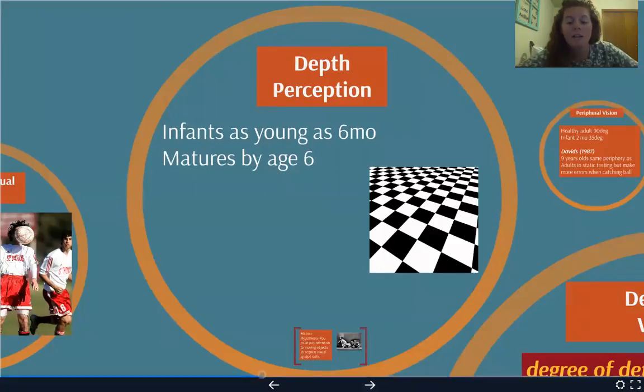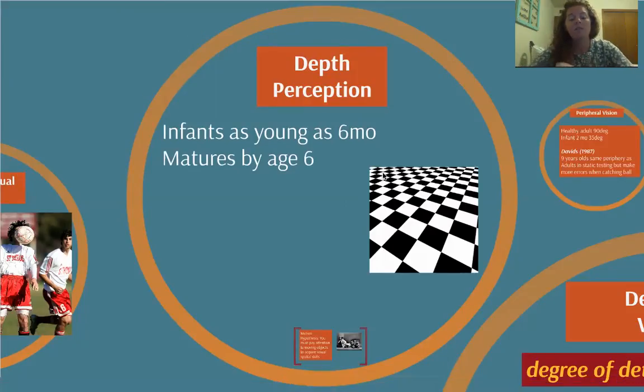They know that because they did an experiment where they had a checkered cloth under a clear plastic table. For half the table, the cloth is right underneath the table, so it looks like a flat surface. And then about halfway across the table, the cloth drops down to the ground. With this clear surface over it, it looks like a cliff. It looks like a drop off.